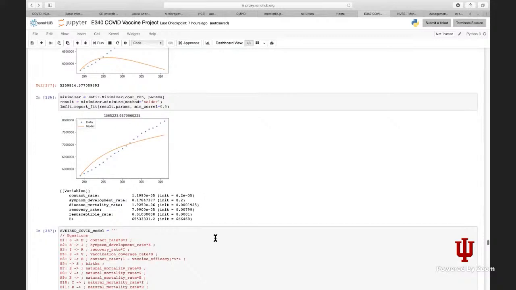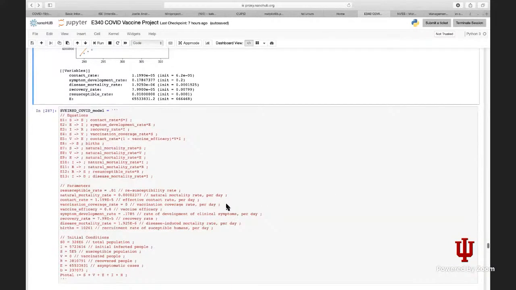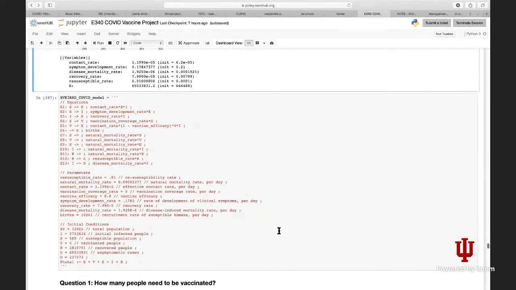Some of them aren't very different from the expected values. The initial value for asymptomatic cases grew a lot from its initial value, and that's because I allowed for a bit of exploration there, because I knew that we probably wanted it to be a big number. So with that, here is our model that is in theory fitted to the data in the US.